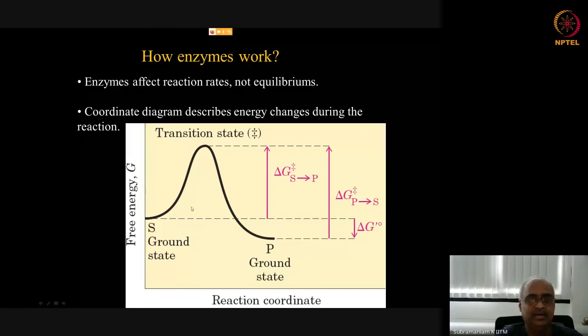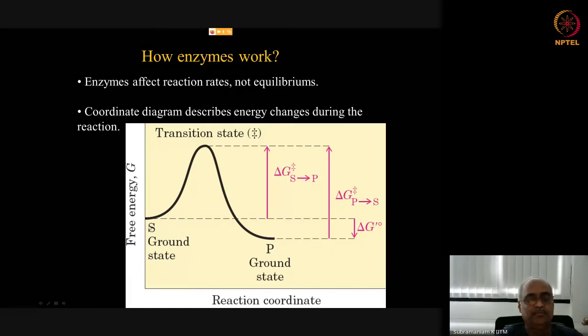So that is indicated here, the reaction coordinate. On the x-axis, essentially, you define the energy state, the ground state, for the substrate and the product. So that plotted against the free energy is what this diagram is, the reaction coordinate.